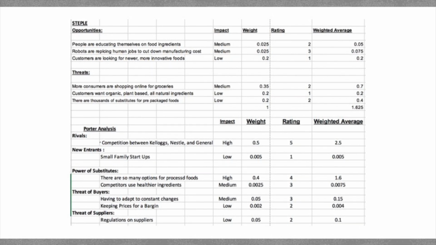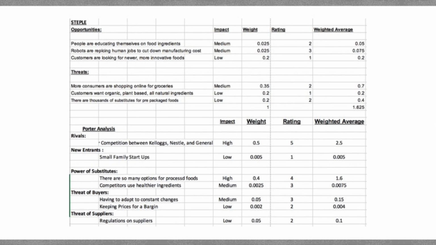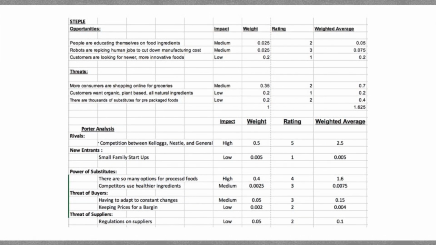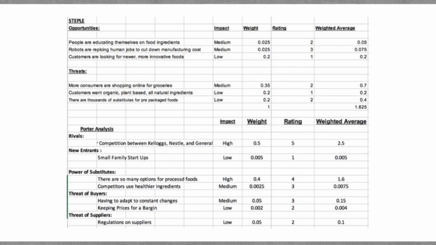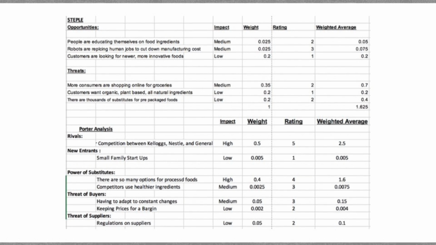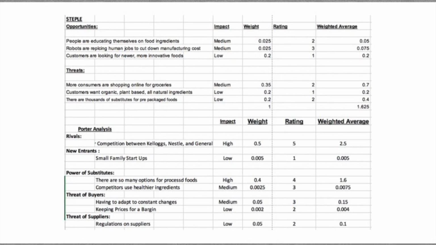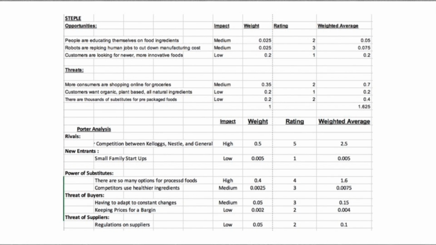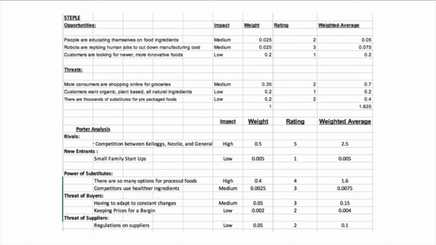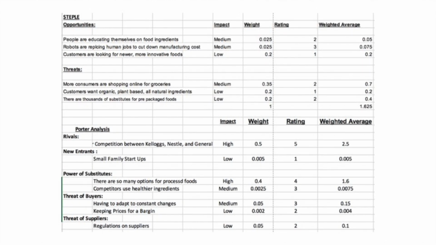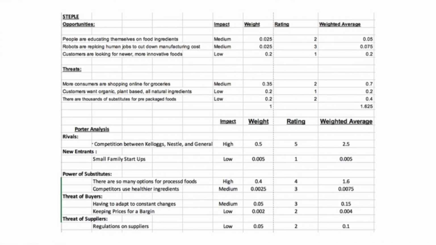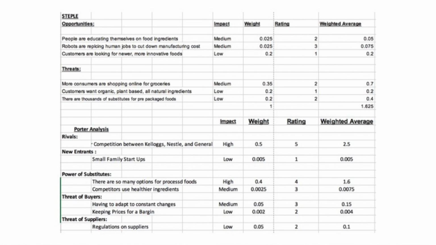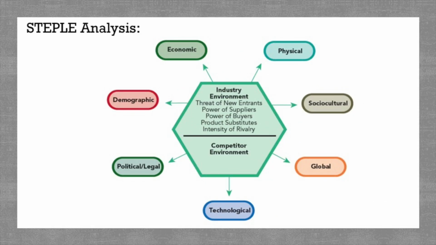Going across, you have what we had for our impact matrix, so whether it held a high impact, a medium impact, or a low impact. Secondly, we accounted for our weights, followed by our ratings, which we then multiplied together to get our weighted average for both our STEEPLE analysis and our Porter analysis factors.